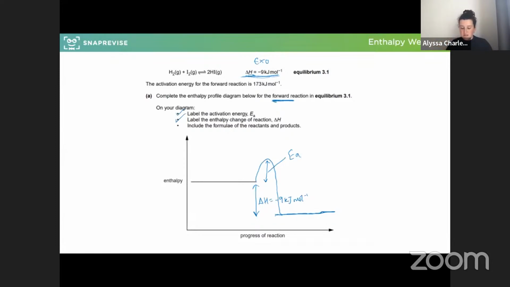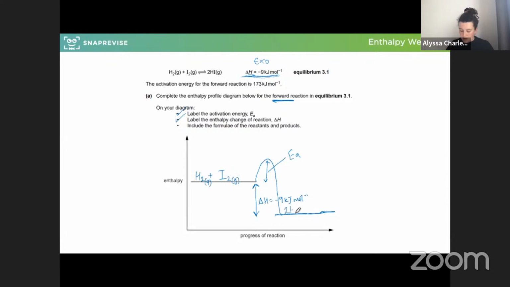And as an aside, because they've written the enthalpy change of reaction on the right-hand side, and because 99% of the time the enthalpy change given is for the forwards reaction, if for some reason they'd given us the enthalpy change for the forwards reaction, but then asked us to show the enthalpy profile diagram for the backwards reaction, then it might be a little bit harder. They haven't. It's all for the forwards reaction, so it's not as complicated, but I do need to make sure that I write down all of the formulae of the reactants and the products.